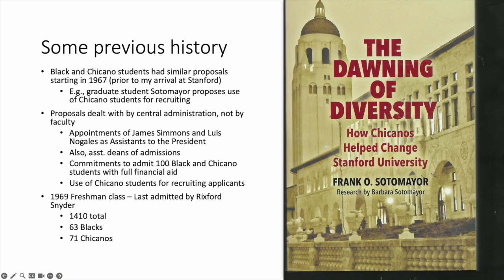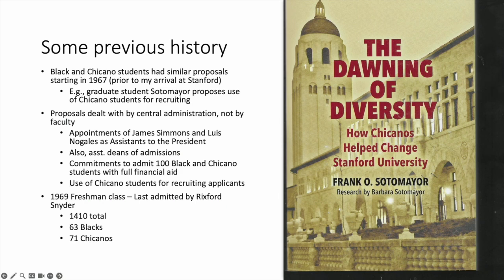I was completely unaware of the previous history involved, and in fact, only really came to terms with it when I saw a book that Al Camarillo recommended to me, The Dawning of Diversity by Frank Sotomayor. And let me summarize my impressions from that book.